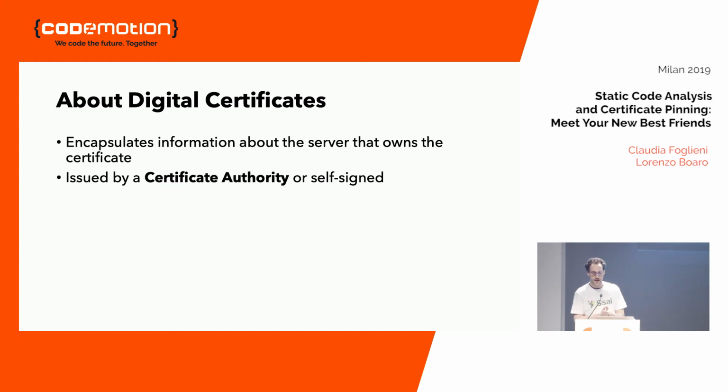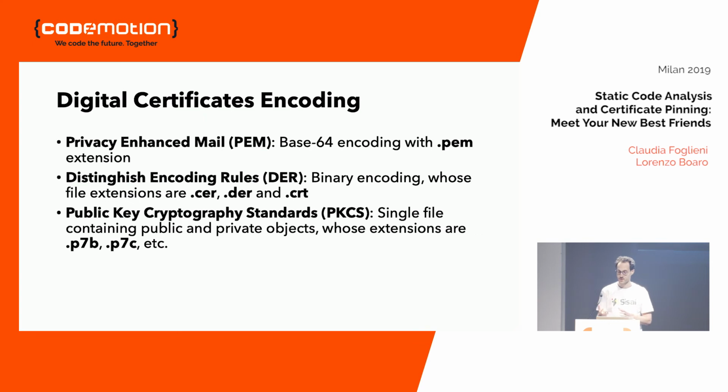What's the difference? If the certificate is issued by a certificate authority, the certificate authority must validate the identity of the certificate holder. While in the self-signed case, the subject, who requested the certificate, and the issuer, who provides the certificate, are the same identity.